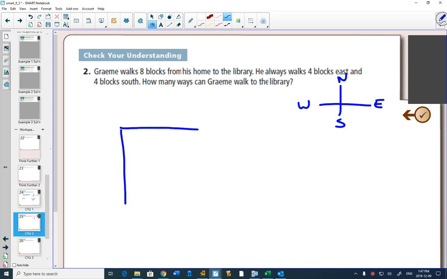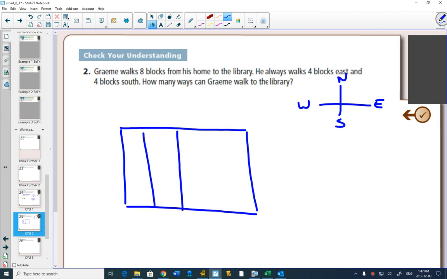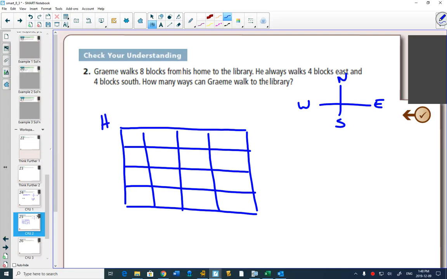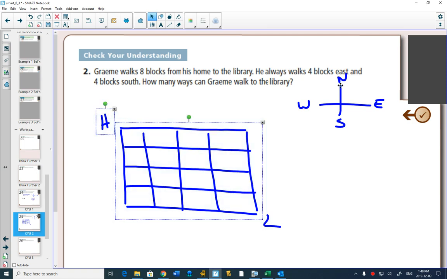If I draw a picture of this, okay, that means he's going from his home. His home would be here, the library would be down there.